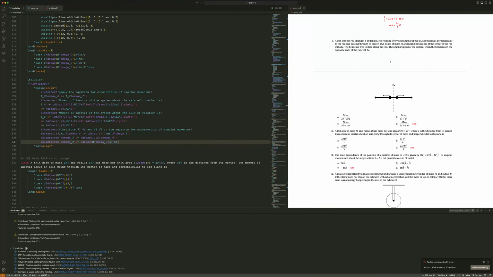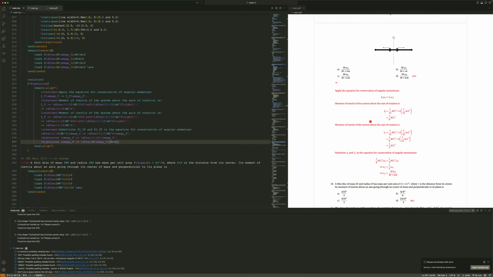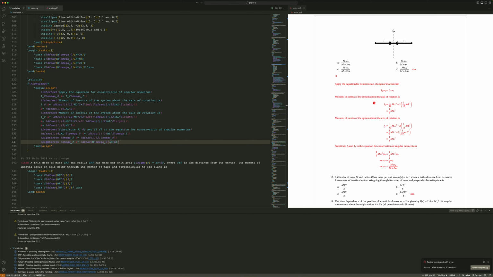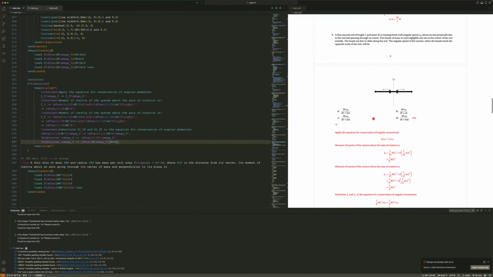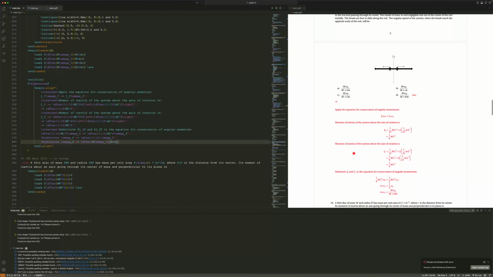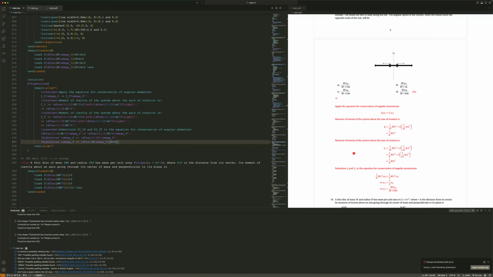So Copilot is giving some suggestion, and let's complete and run it first. So yeah, applying the equation of conservation of angular momentum. Wow, it's great. It is doing right, but I don't think it does great.